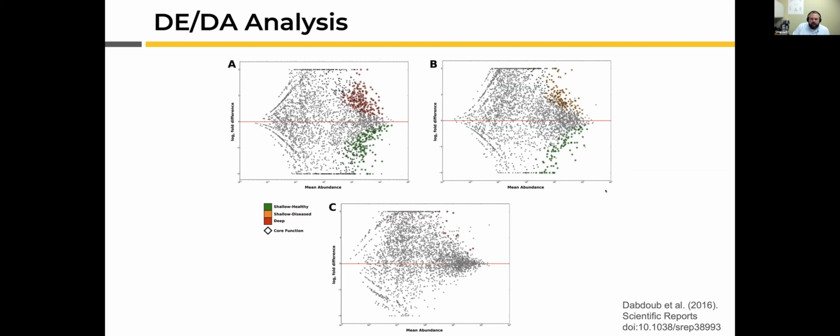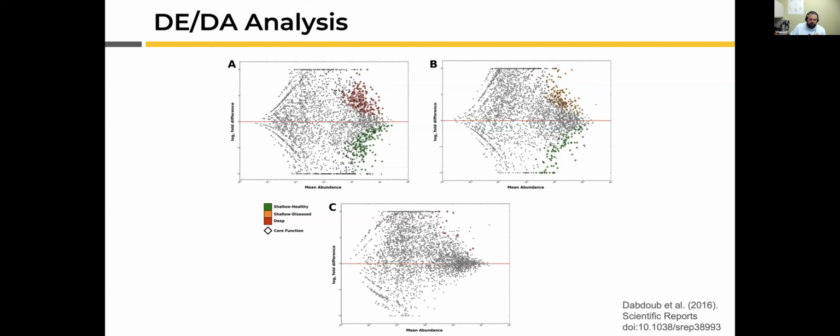And so this is called a Bland-Altman plot. It's characterized by plotting mean abundance on the x-axis and log fold difference on the y-axis. The log fold difference ranges from negative to positive, with the center being 0. This is typically what you'll see in these differential abundance analyses: they use a method of encoding the log fold change to indicate whether it was higher abundance in one group or lower abundance in one group.